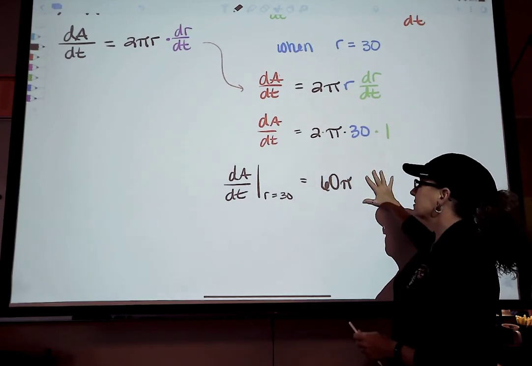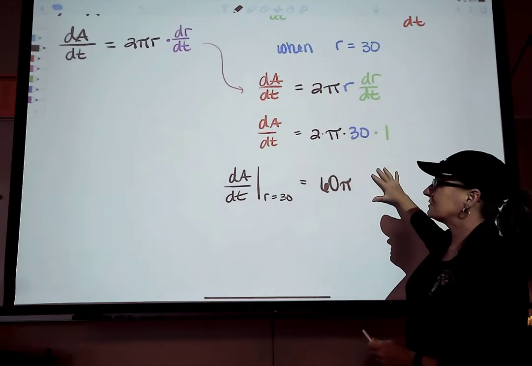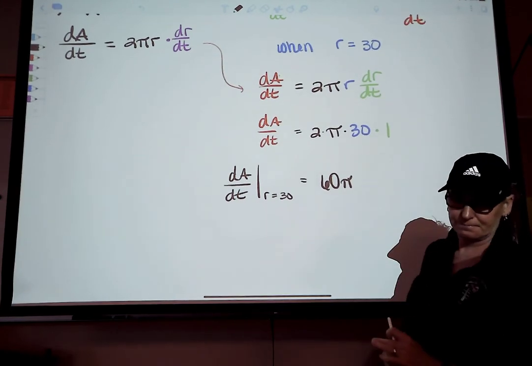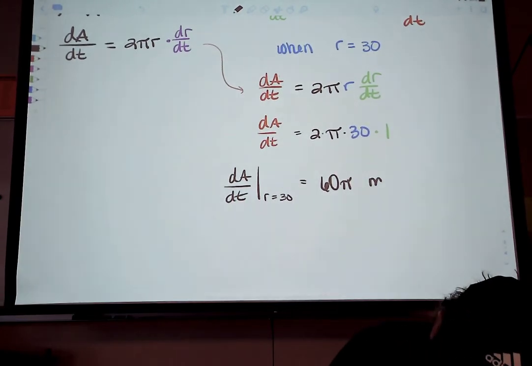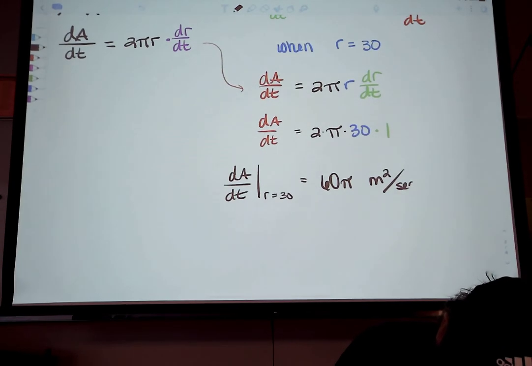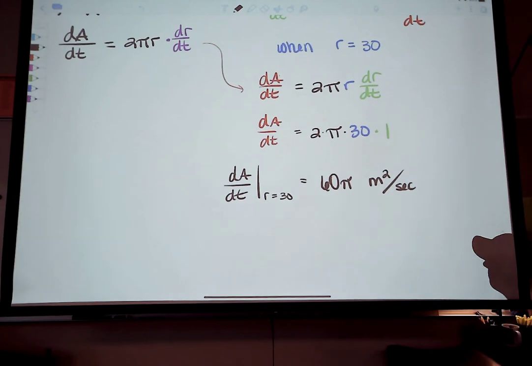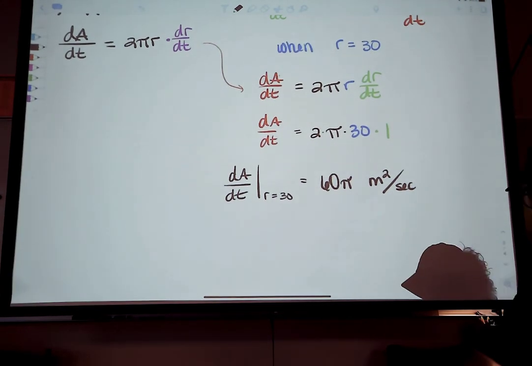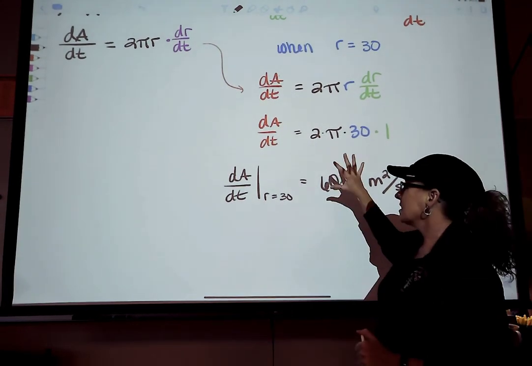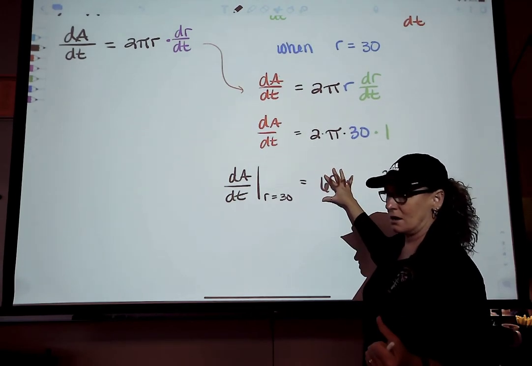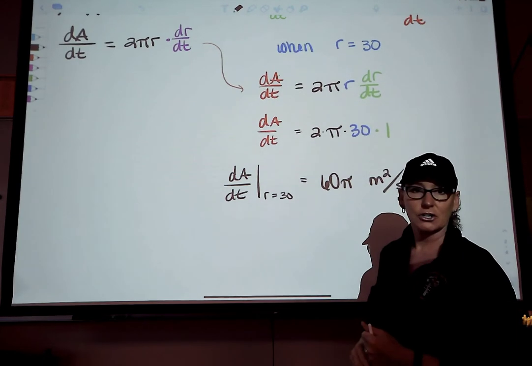Your units need to be area units per time. This is how fast the area of the circle is growing when the radius hits 30.